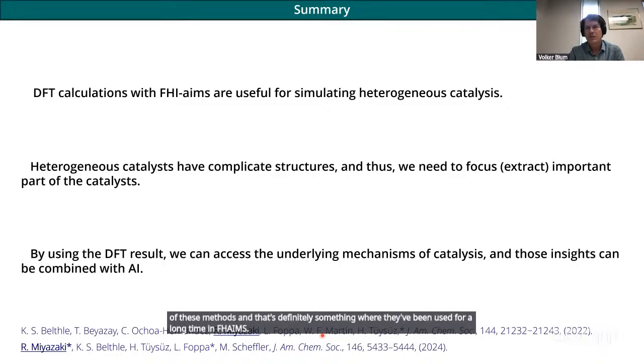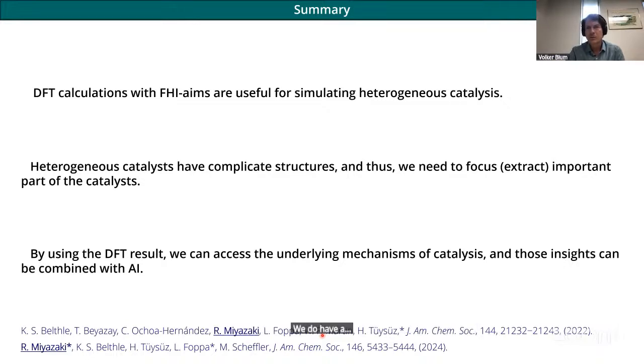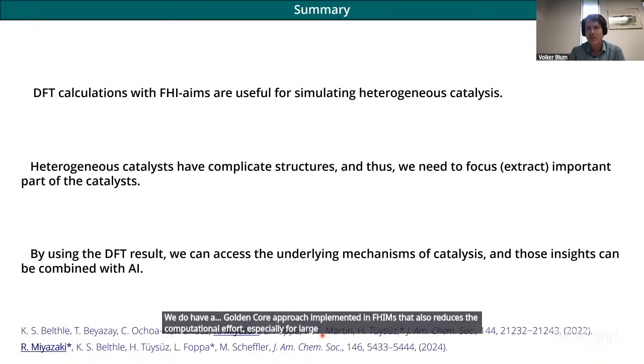We do have a frozen core approach implemented in FHI-aims that also reduces the computational effort, especially for large systems, if you're interested in just working with a set of valence and semi-core electrons, and that's also documented.